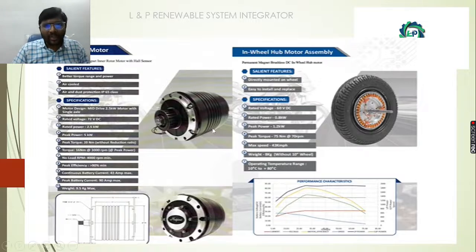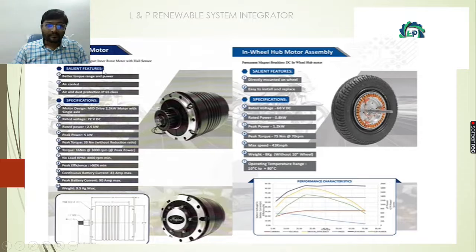And when we get into the vehicles, we have different categories. So we have an in-wheel hub motor assembly, and we also have the mid-drive motor assembly. For the in-wheel hub motor assembly we might be using permanent magnet brushless DC motors, whereas in the case of mid-drive motor we are using the brushless DC motors.